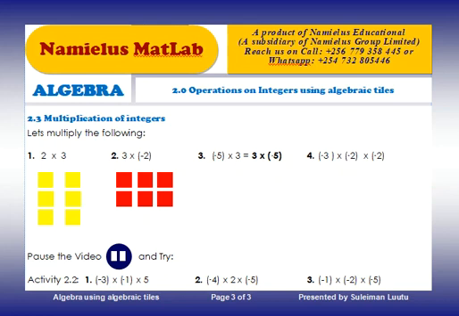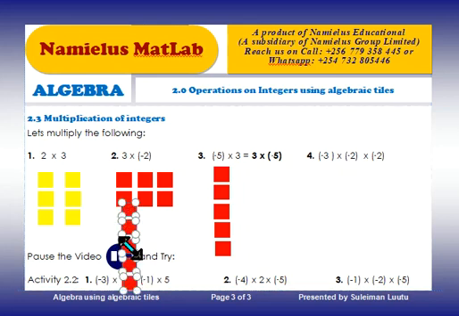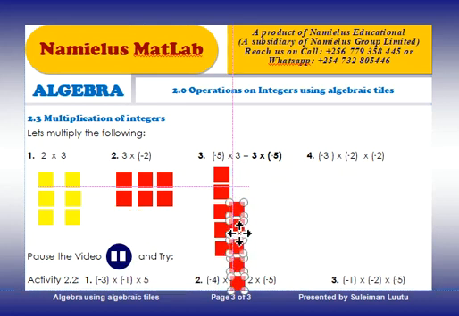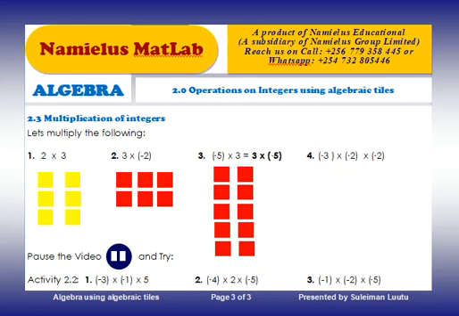So 1 2 3 4 5 negative. What are we going to have here? We are going to get this -5, -5 3 times. So this is -5. Again, the second time, -5, until we have it 3 times.